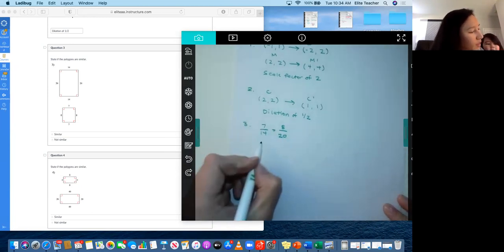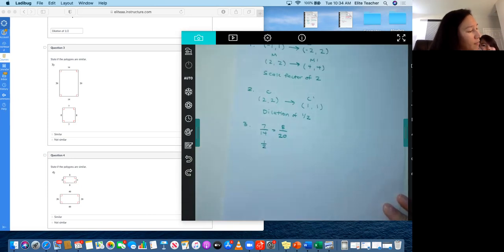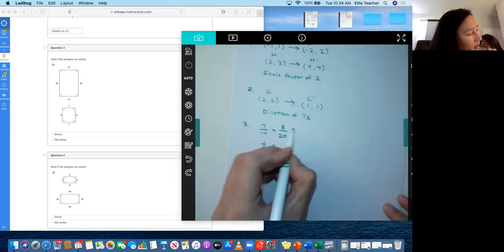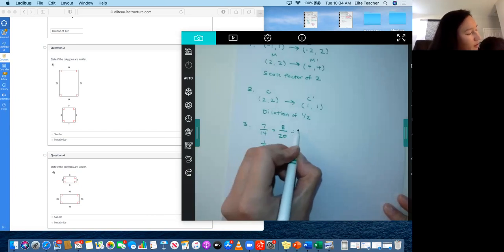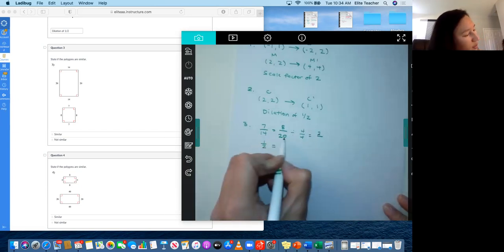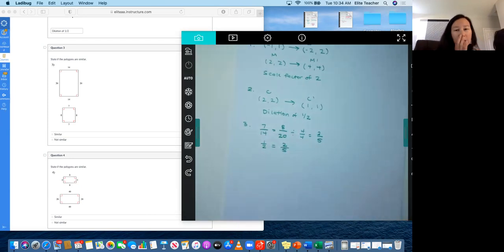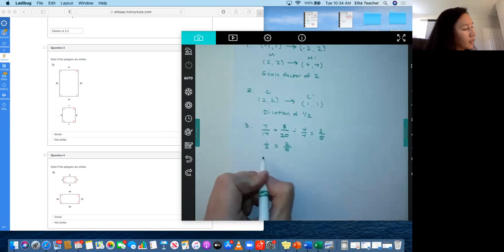So 7 over 14, that is 1/2. 8 over 20, if we divide by 4, 8 divided by 4 is 2, and 20 divided by 4 is 5. That's 2/5. So then we know that those are not similar.